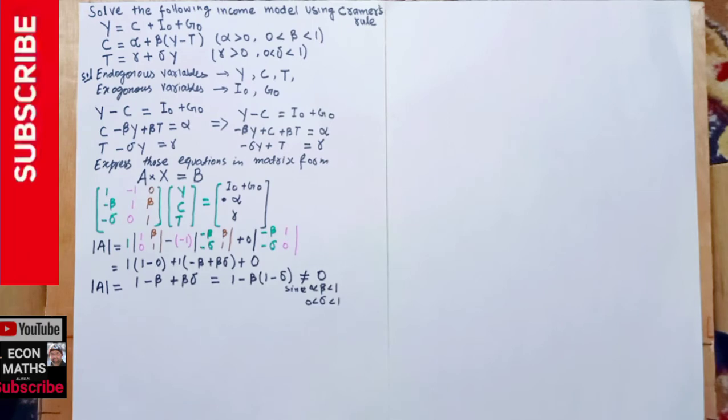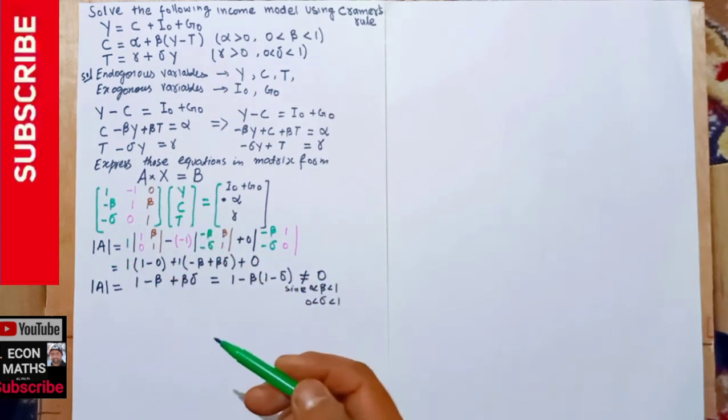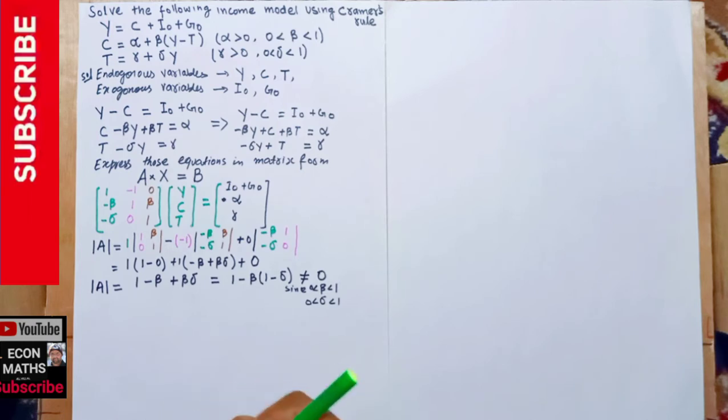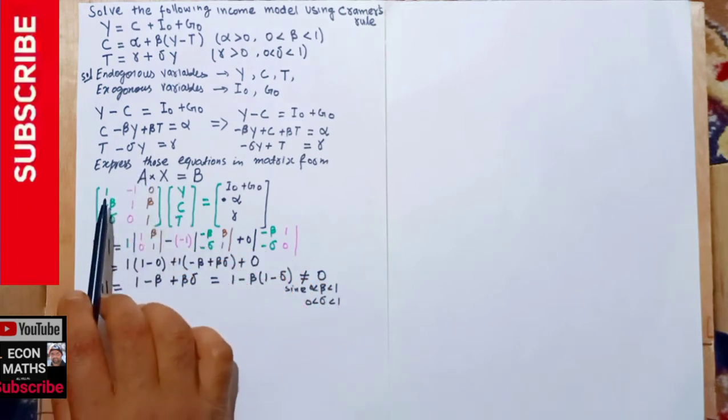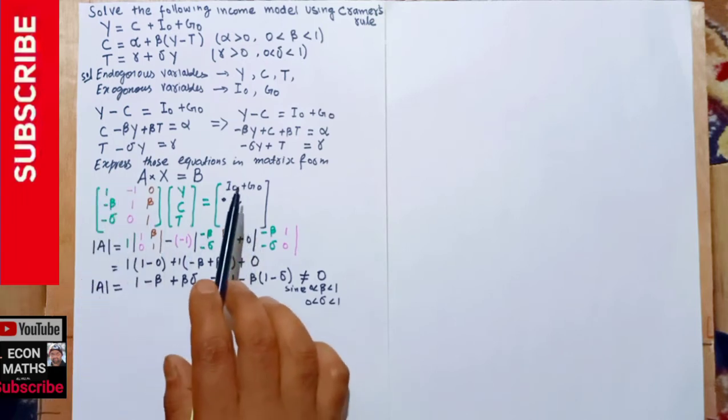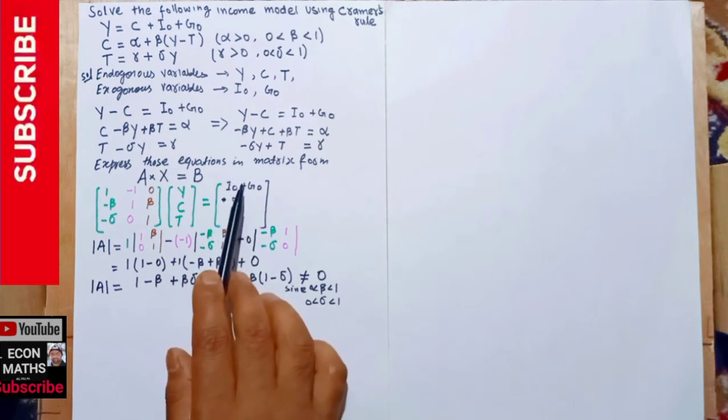Now we have to solve for y. To solve for y, first of all we have to form a new matrix, as we have seen in the earlier video. The new matrix is formed by replacing the first column of the coefficient matrix with the column of the constant terms.